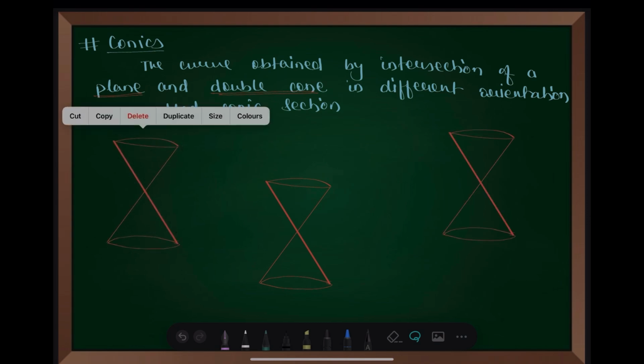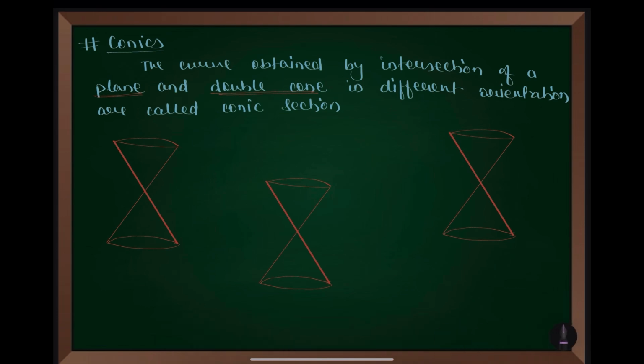Look at this situation. Suppose your plane is passing through the intersection of these two cones, means it is passing through a single point. So you will have a point.